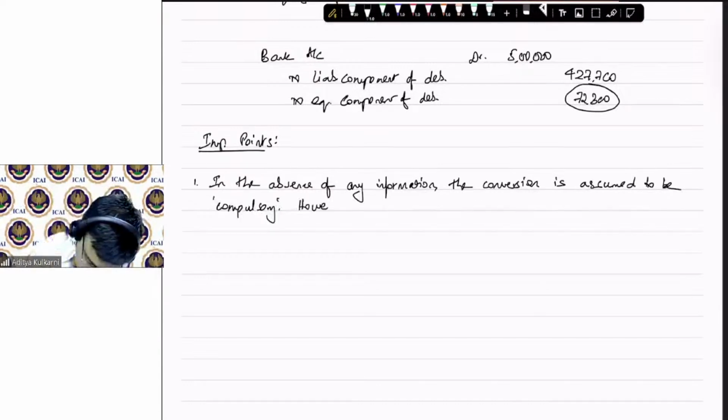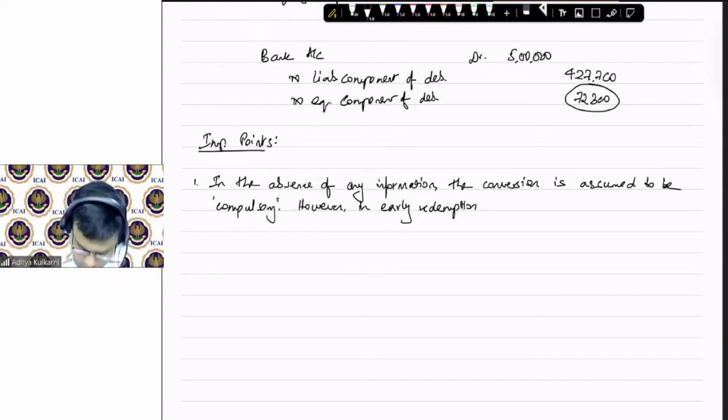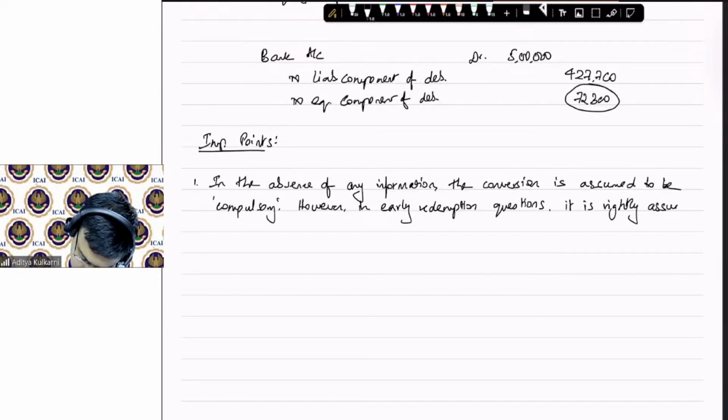However, in early redemption questions, it is rightly assumed in ICAI solutions as well.